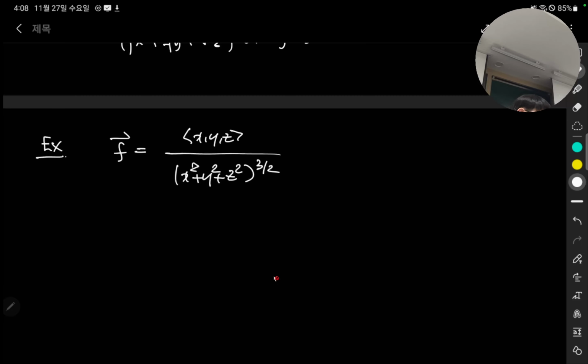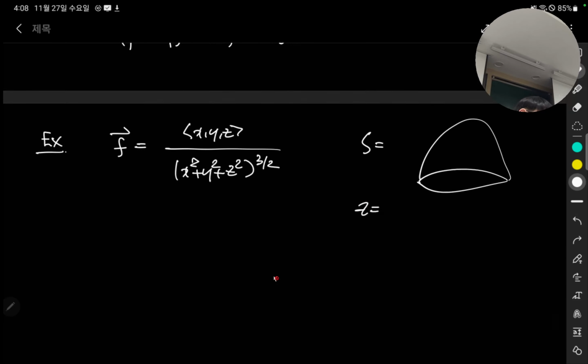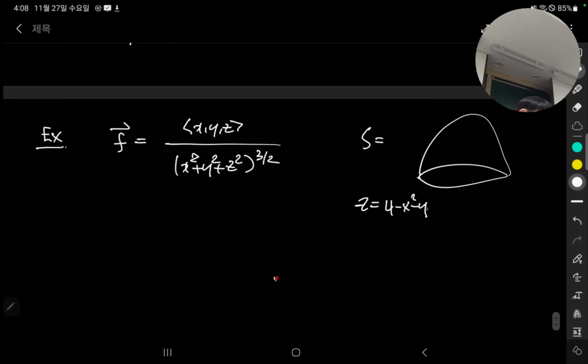I want to find the integral of this vector field over the surface given by z equals 4 minus x squared minus y squared, where z is positive, and the orientation n is upward. Okay, so I want to find the integration of that vector field.